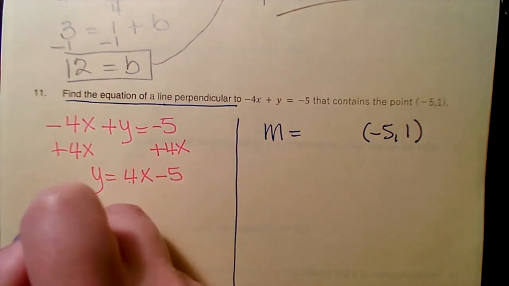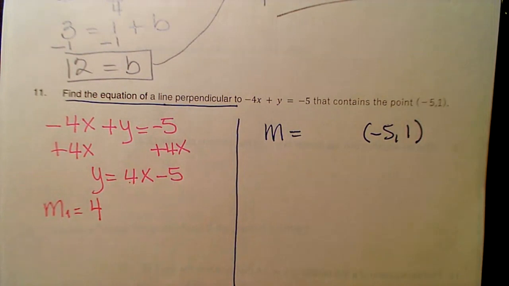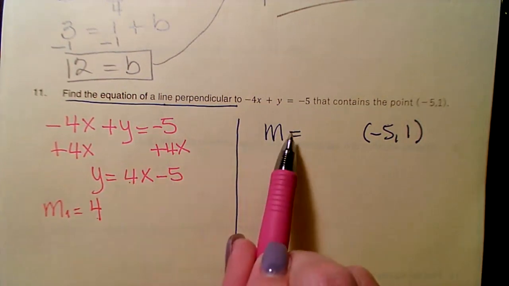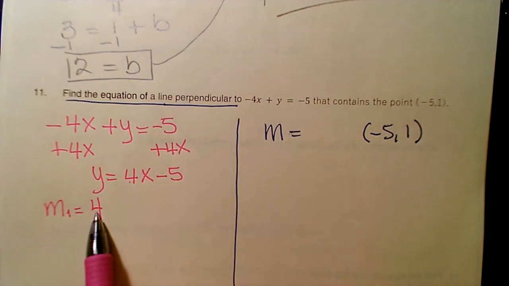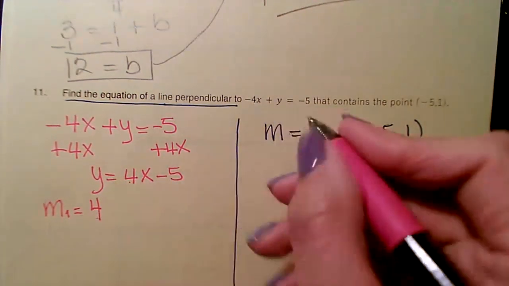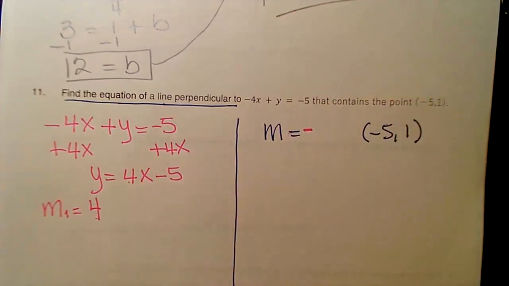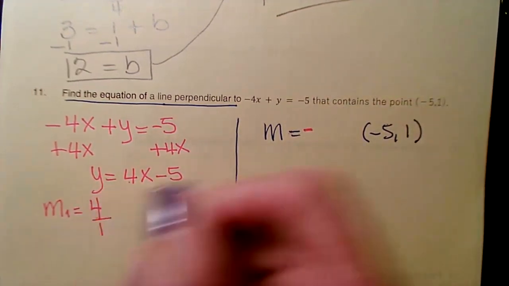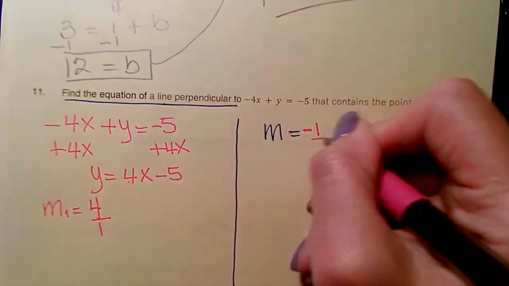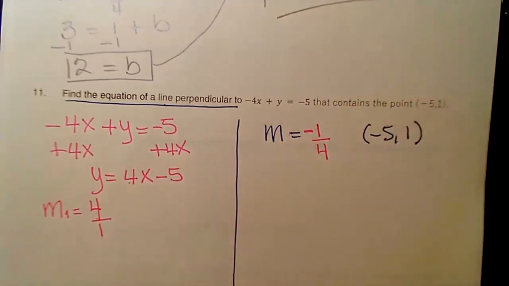This slope is equal to -4. So if this one is perpendicular to this one, it's going to be what? Opposite signs, which is going to be negative, and reciprocal. 4 over 1, the reciprocal is 1 over 4. Okay?